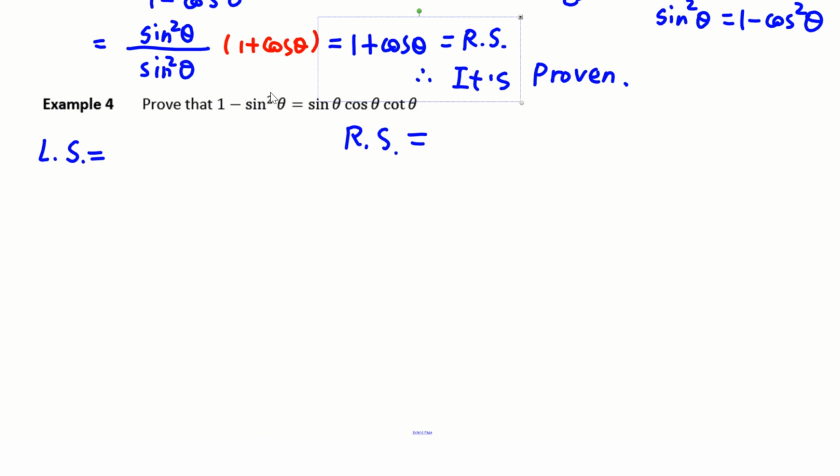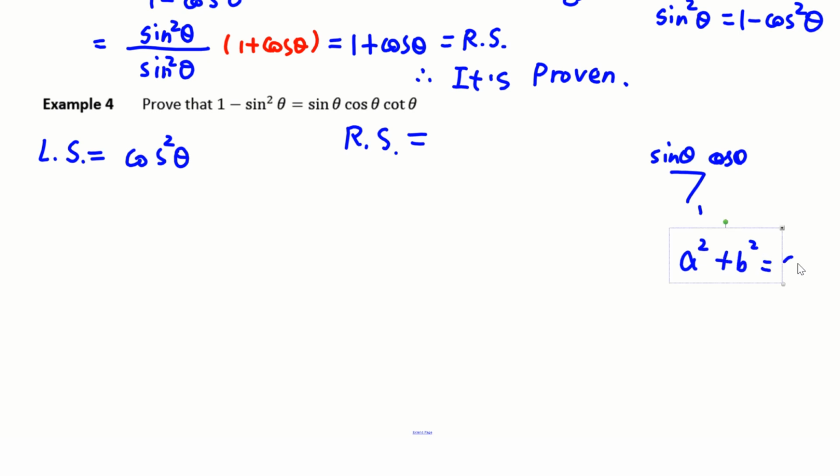So 1 minus sine squared theta, we know that is cosine squared theta. So we have the sine, cosine, then 1. This squared together equals 1, then go backward. 1 minus sine squared gives you cosine squared. It's the same as a squared plus b squared equals c squared.